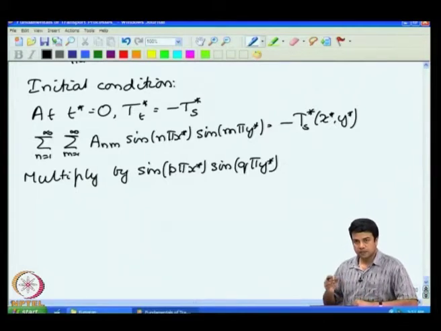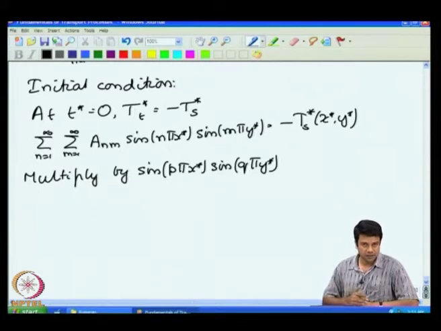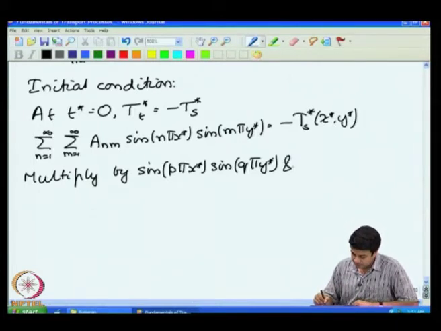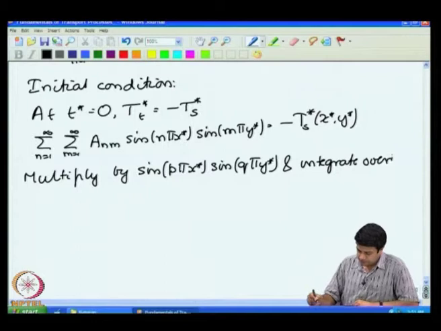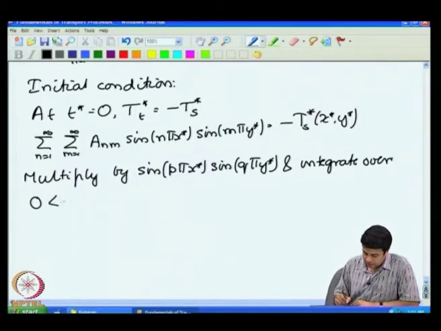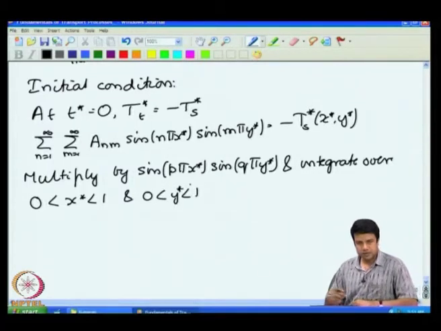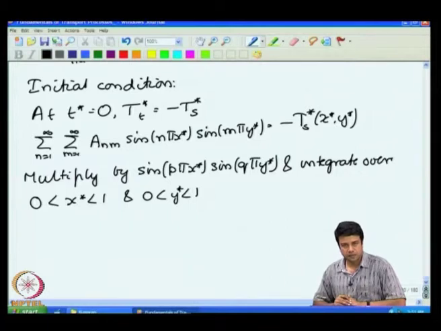So, I multiply by one sine function in the x direction, one sine function in the y direction, and integrate over 0 less than x less than 1 and 0 less than y less than 1. That is, I multiply by sin p pi x, sin q pi y, integrate over both the x and the y coordinates from 0 to 1.